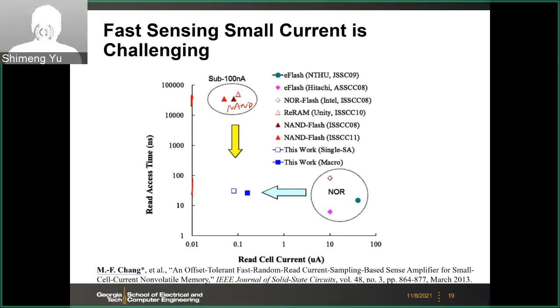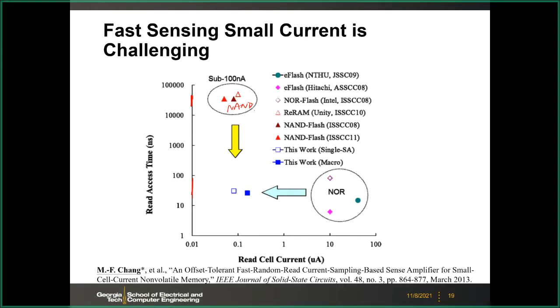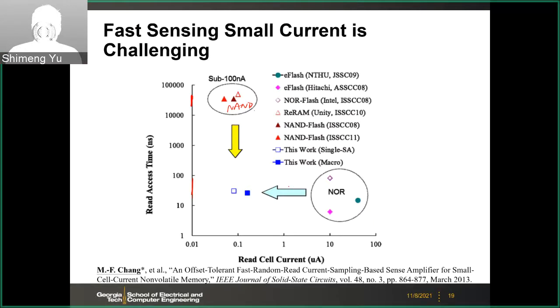So this is a general trade-off, but if you design the circuit smartly, you can also push the sensing to this range. This is a small cell current, like hundreds of nanoamps, but you can get tens of nanosecond speed for this.